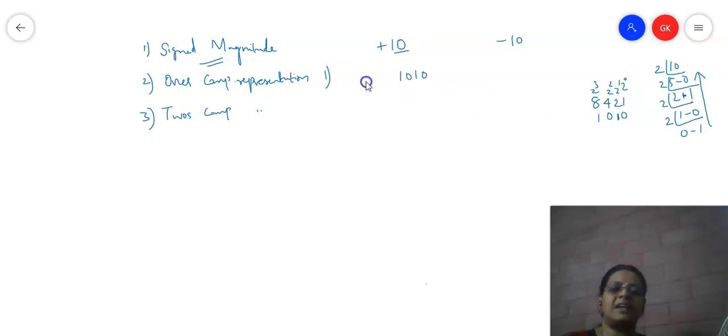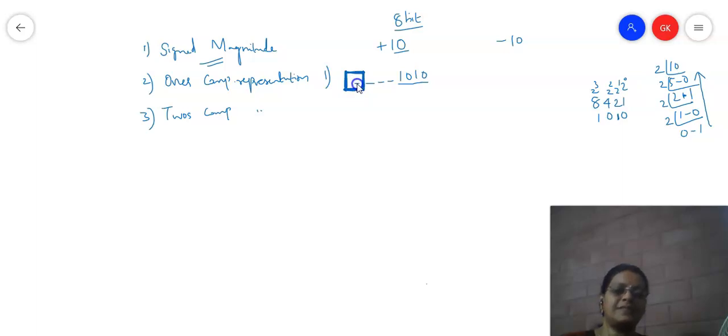Usually we deal with an 8-bit number. So if we take an 8-bit representation, we have to convert this 4-digit number into an 8-bit number, which means we need to add 4 more bits. Whenever you represent a number in signed magnitude representation, you have to represent the sign also. The sign is always represented in the MSB position.